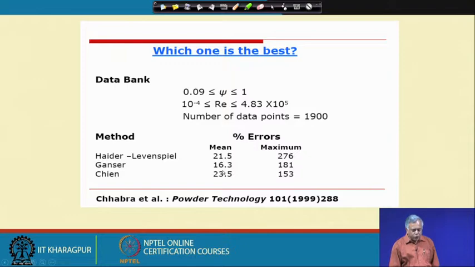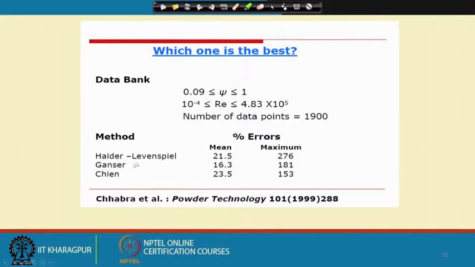He used a large database of 1900 points based on experimental data, a very carefully measured data set, and tried the Haider-Levenspiel model, Ganser model and Chien model. He has shown that although the mean errors are within 20% in most of the cases, 21.5, 16.3 and 23.5, look at the maximum errors, it can go up to 276%.